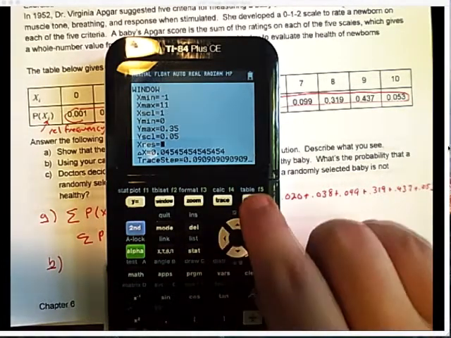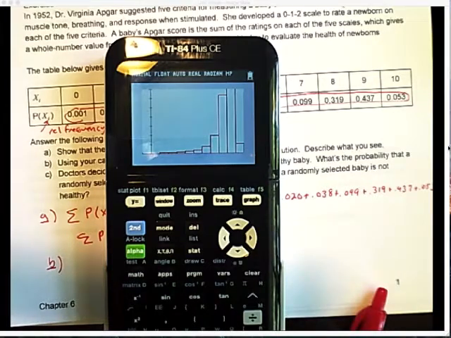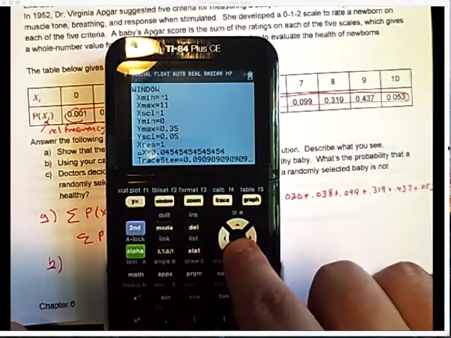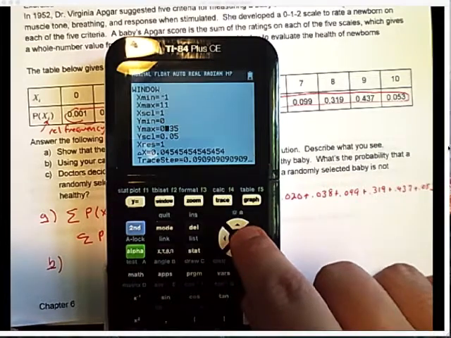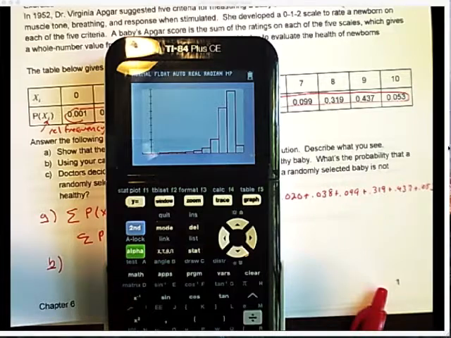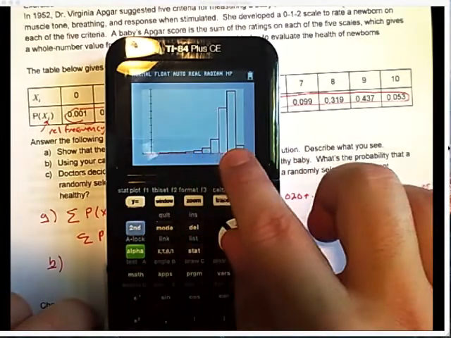Okay, now hit graph. Oh, I'm sorry, the biggest was 0.437. So that's why I don't see one of those. So maybe go up to 0.45 and hit graph. There we go. So this actually made the histogram for me.